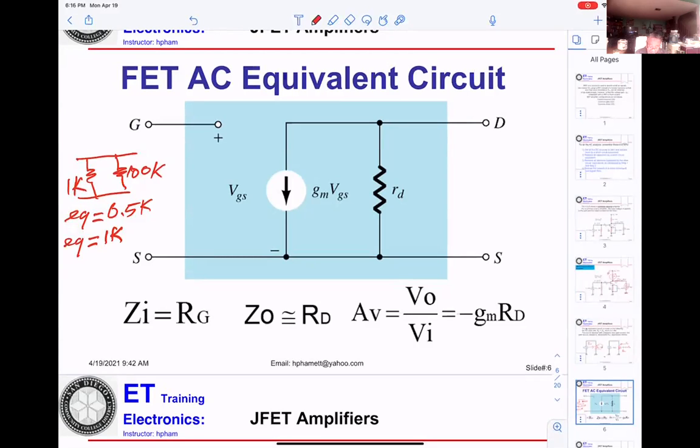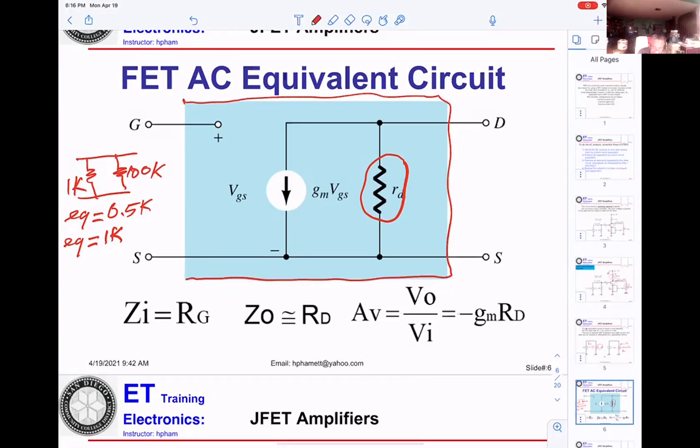Now this resistor here, rd, that means the internal resistance of the JFET. You can see they give you the shaded area right here. What that means is this part here will be inside the JFET. So if you're looking into that, it's simpler than the bipolar.